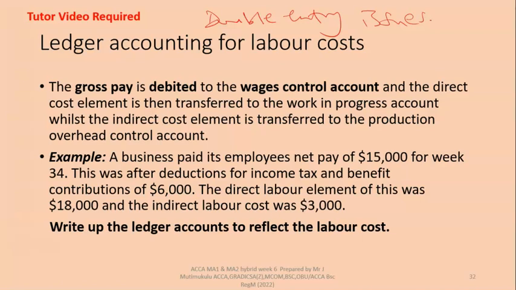The first step is to debit the wages control account with the gross pay, which is made up of the net amount paid to the employees and the income tax and benefit contribution. So what we need here is to draw up the wages control account.